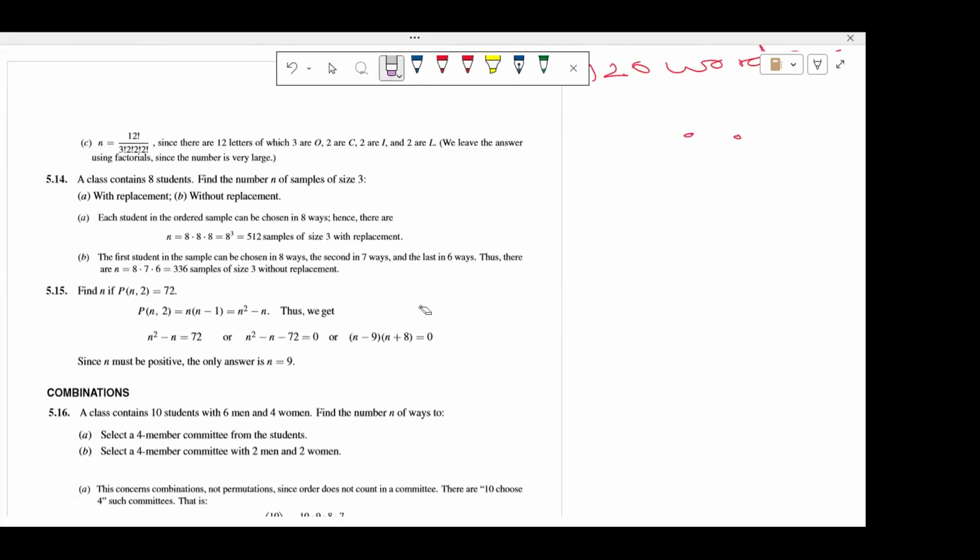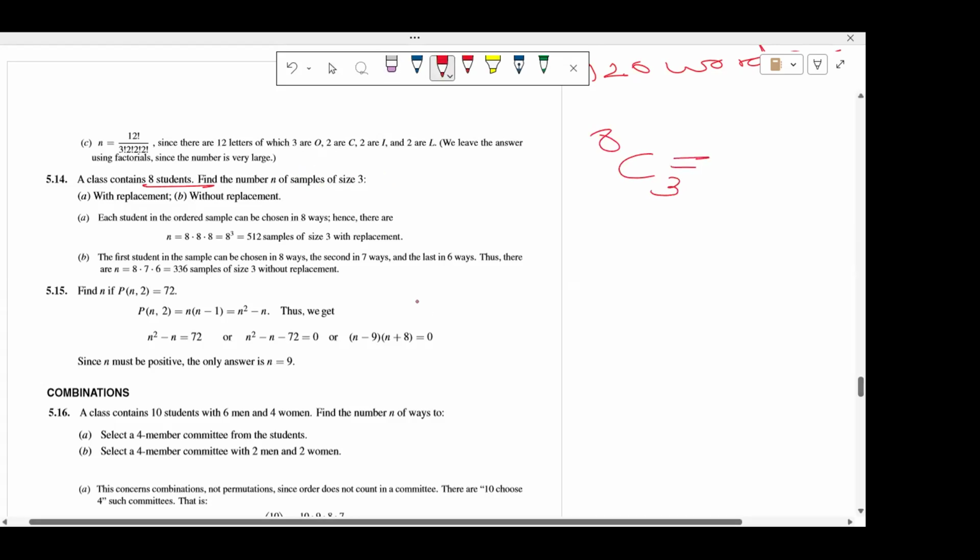Okay. Yeah, the next question. A class contains 8 students. Find the number of samples of size 3. So it means there's a class containing 8 students. From these 8 students, we need to select 3 students. Sample size of 3. How many different ways can we select the samples, right?